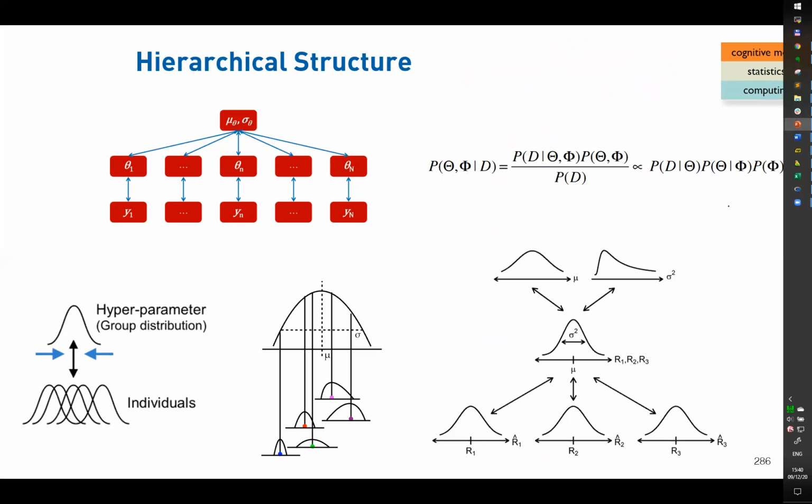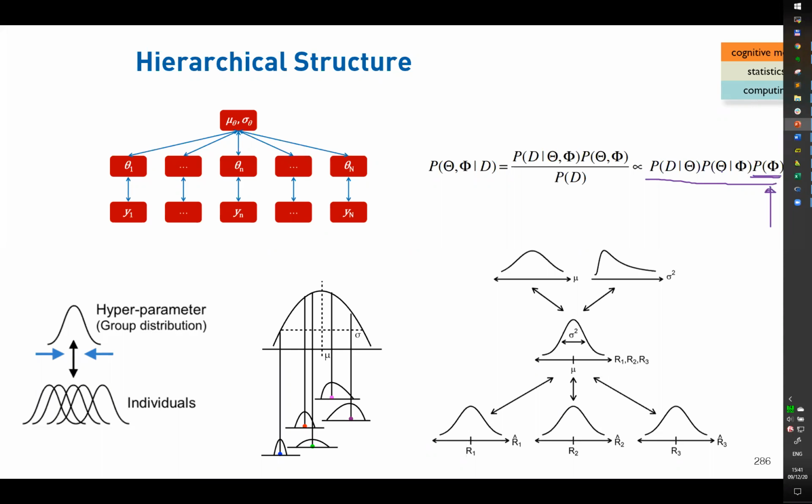Maybe I've mentioned this early on. Whenever we are reading a chain of conditional probabilities, it's always recommended to read it from the rightmost, because usually the rightmost part is the simplest, and it becomes much more complex toward the left end. So let's say we start with the group level prior, the prior of the group level distribution without knowing the data.